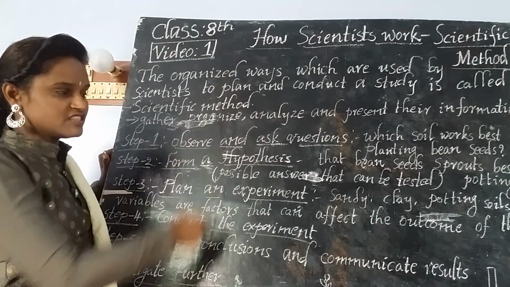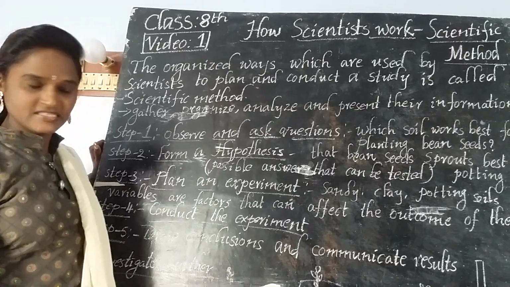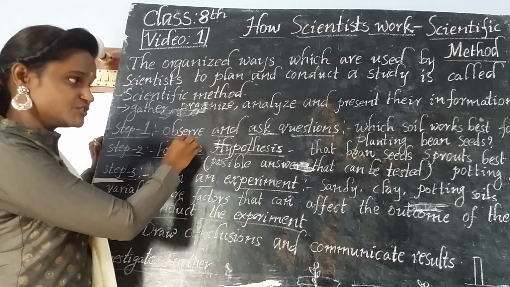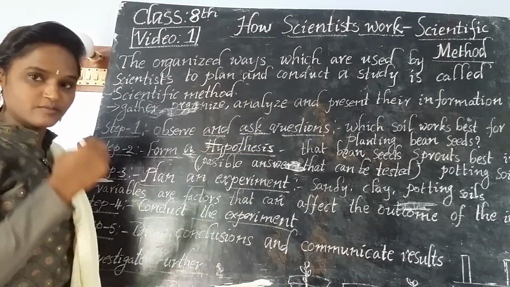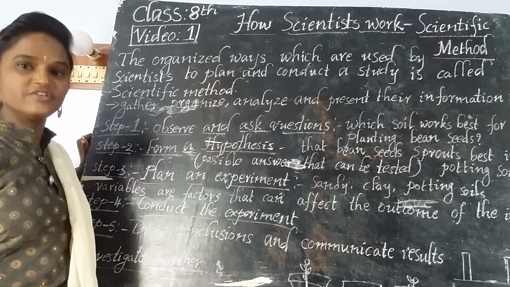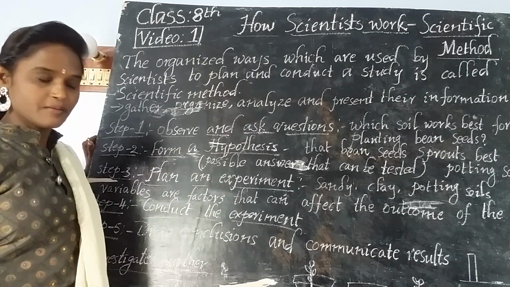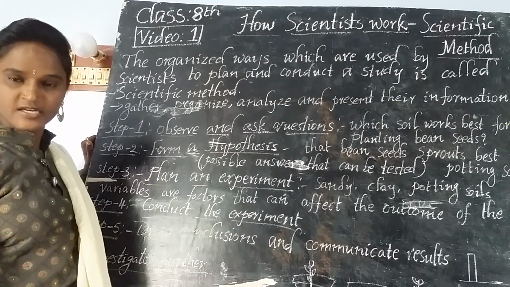The scientific method involves many steps. The first one is observation, that is, observe and ask questions. By observing, in our brain we may get many questions. For that question, we need an answer. How can we answer? By doing an investigation on that question.